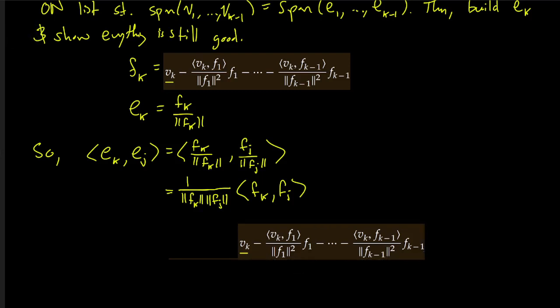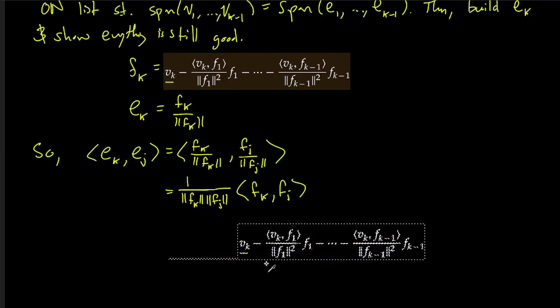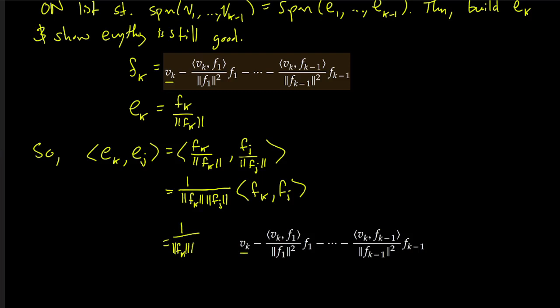Okay, there we go. And so I still have 1 over norm FK, norm FJ, inner product. This is what FK is. It's this long thing.